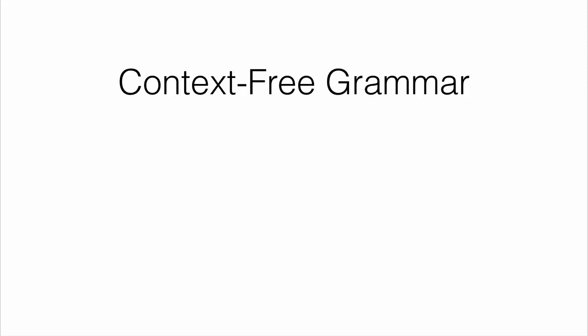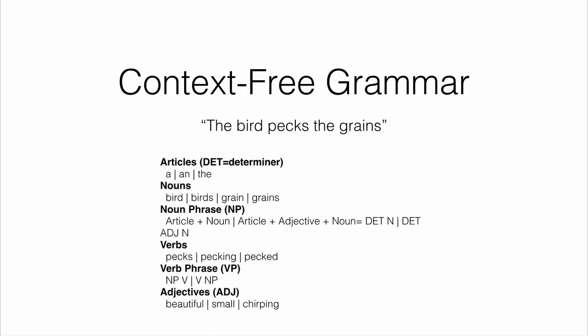So we're going to create grammar to parse a sentence, and the sentence is going to be, "The bird pecks the grains." All right, so here are the different rules and how this is going to be taken apart. So articles are DET, they're the determiners, A and the, and that's just really grammar definition of articles.